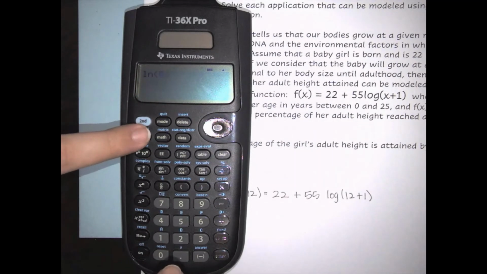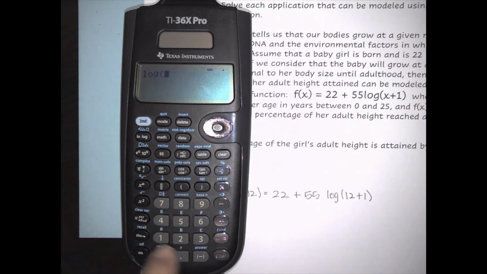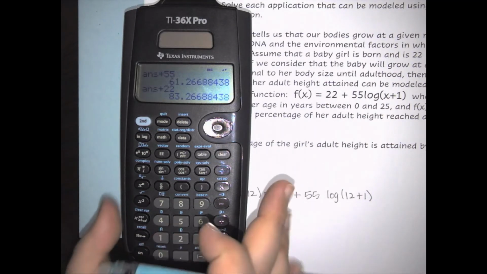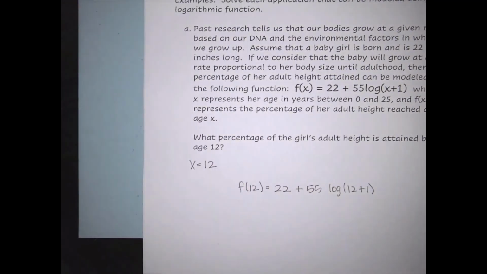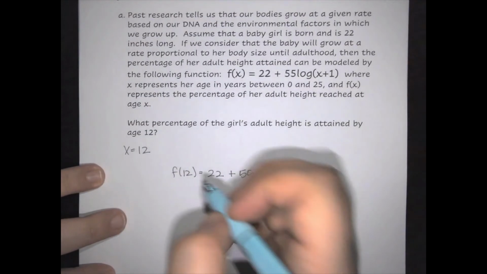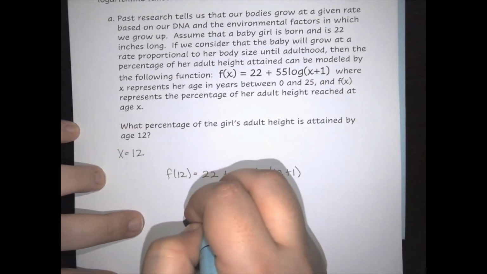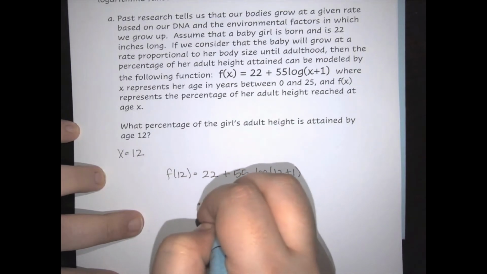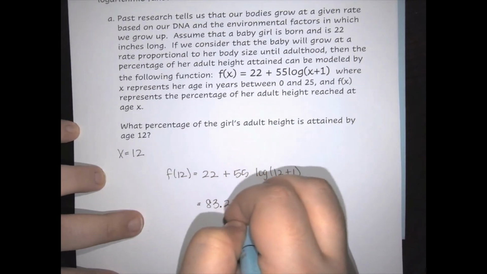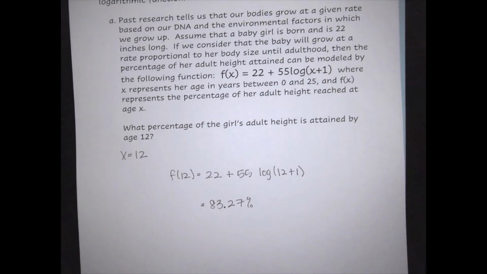So I'm going to have log of 12 plus 1 and hit enter. I'm going to multiply that by 55, and then I'm going to add 22. And in this case, that is how you can work from the inside out, slowly unpacking your log function. And so what this tells us is that we have 83.27% of her height.